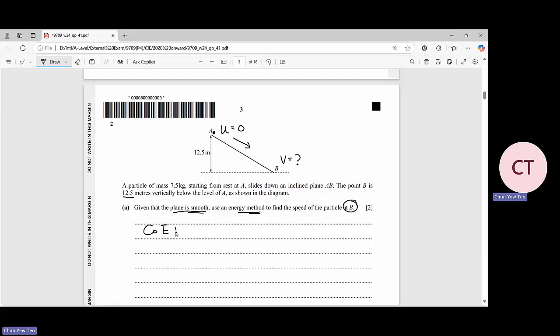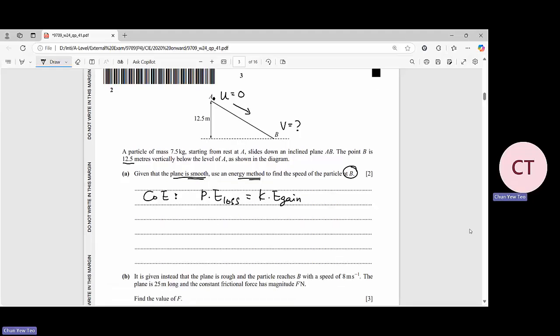We have the potential energy loss, PE loss, equal to the KE gain. The formula for the PE loss is mgh, equal to half m of V square minus U square.